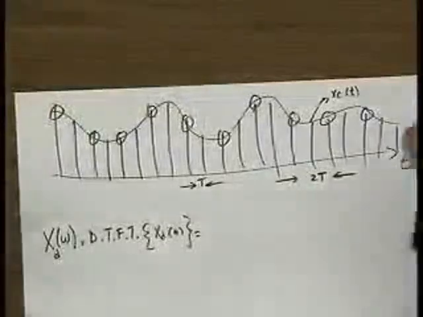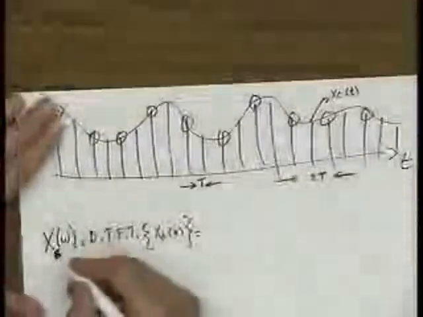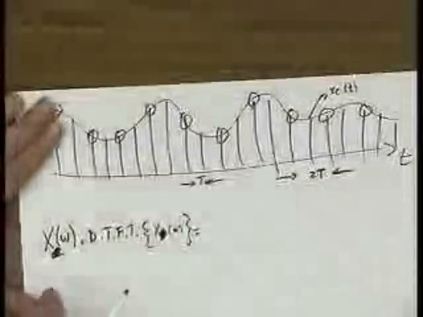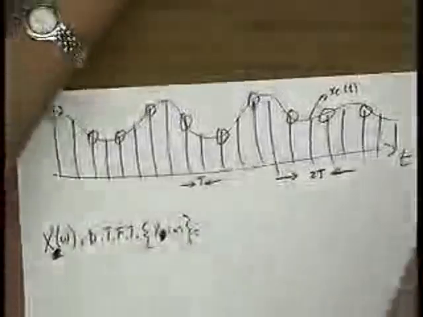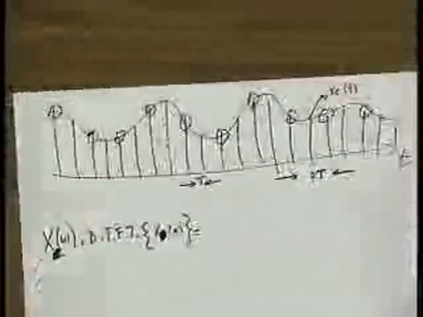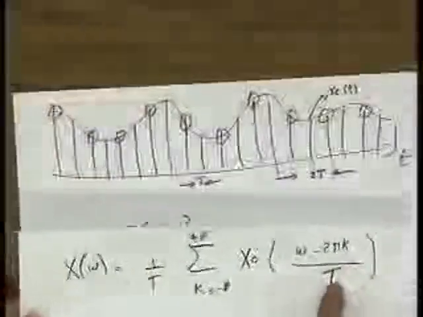Actually, hold on, let me backtrack. Let's remove the d's for a second. Let's start with the easier case instead of the harder case. Let's just talk about x of omega. You have x sub c, you sample it every T seconds, you get x of n. And how is the discrete time Fourier transform here related to the continuous time Fourier transform? Well, it's exactly this relationship that we had written a second ago.